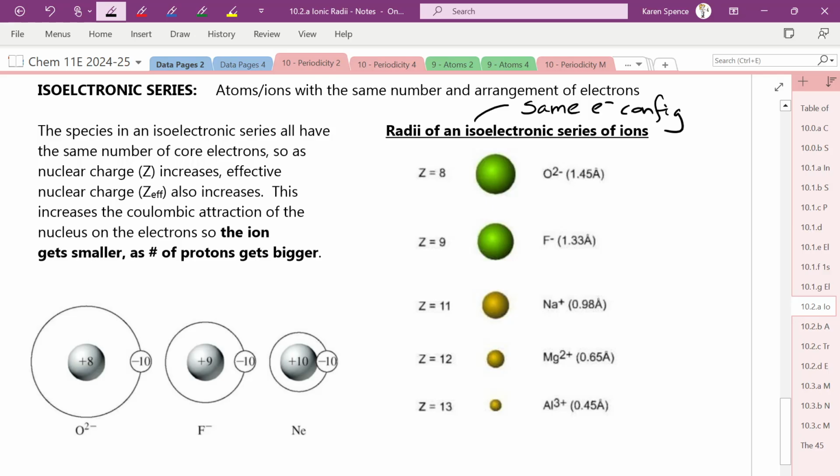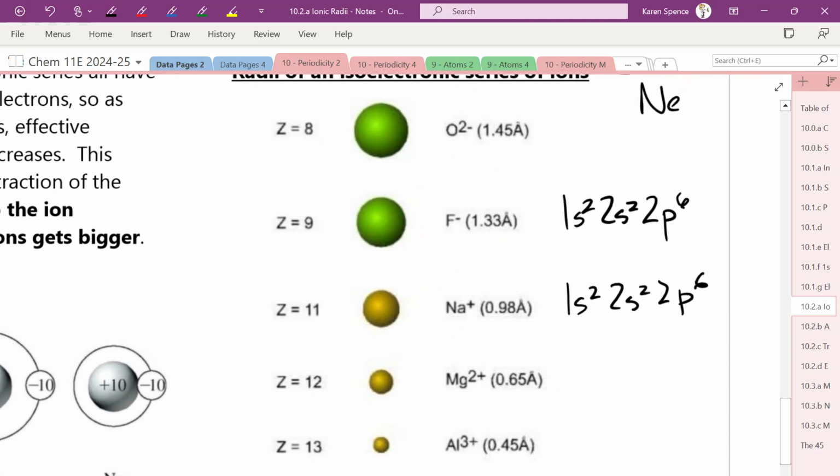And who do these all have the same electron configuration as? Neon, okay? Which is 1s2, 2s2, 2p6. Yes? All of these guys have 1s2, 2s2, 2p6.